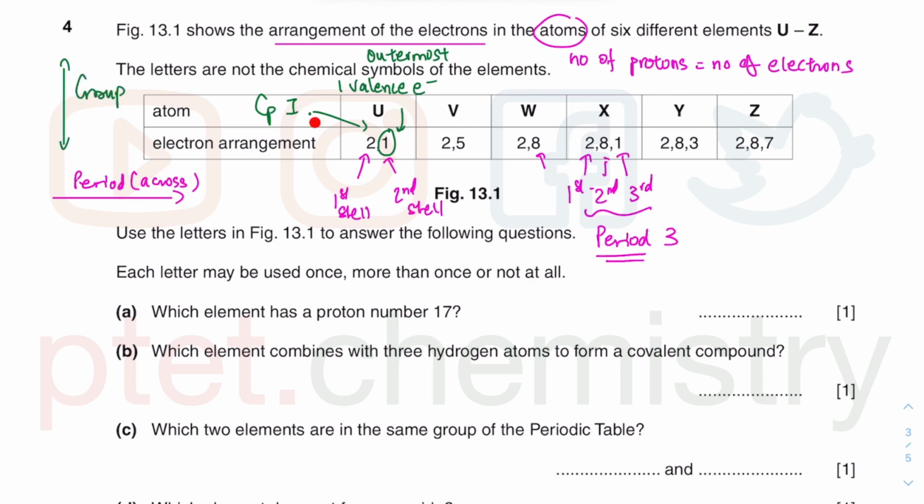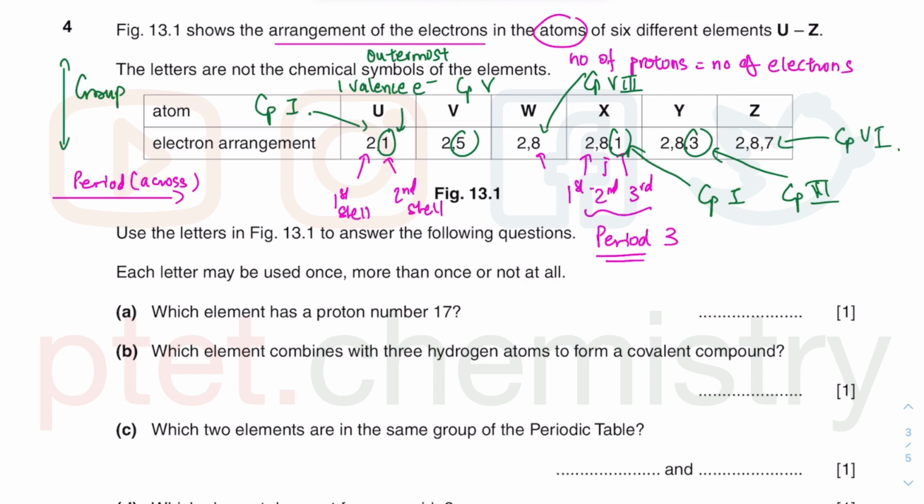So this is group 1. This is group 5, V refers to 5, and this is group 8. So VII is group 7. This is group 1 because of 1 outer shell electron. This is group 3, and this is group 7. Group 3 in Roman numerals is just III.